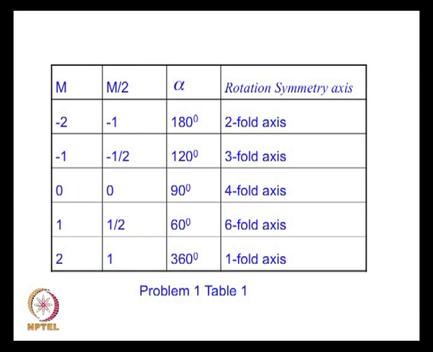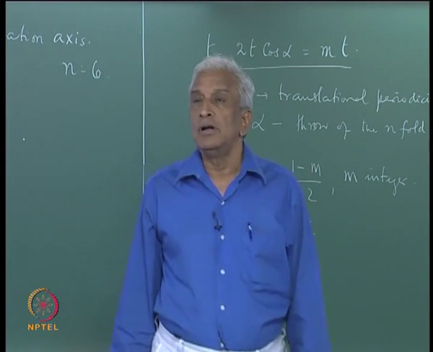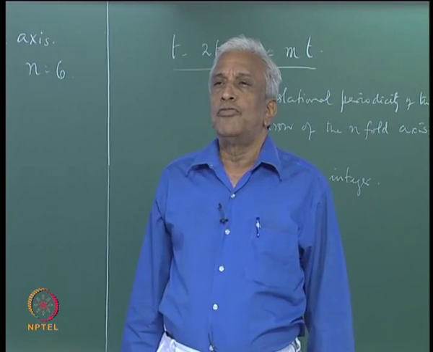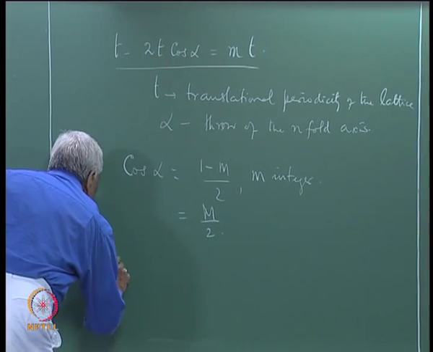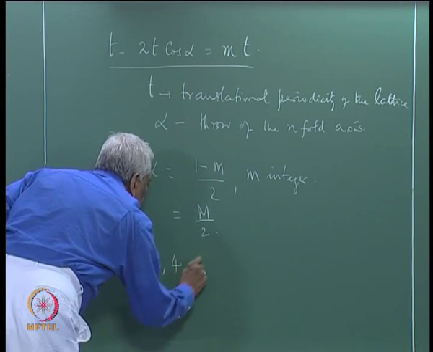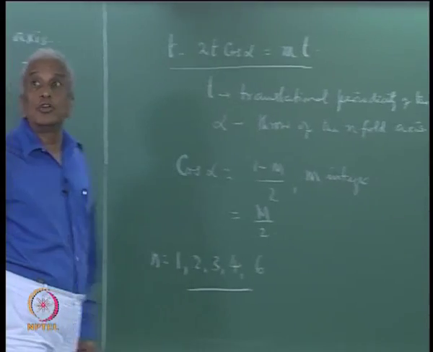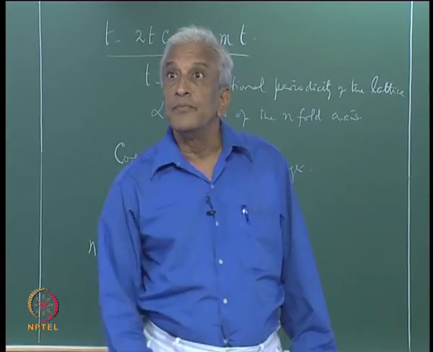That imposes a restriction on the allowed values of m. Therefore, the alpha values which correspond to an integer m in this condition are given in tabular form. From that it is clear that n equals either 1 or 2 or 3 or 4 or 6, and a 5-fold rotation is therefore not consistent with the translation periodicity.